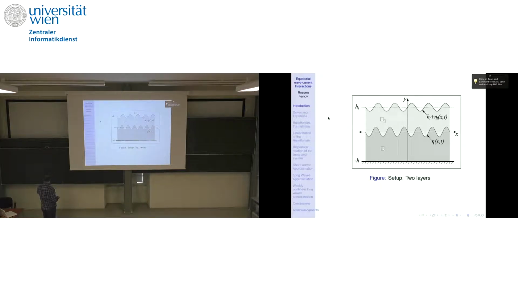So we have currents with constant vorticities and internal waves that are coupled with surface waves, and the notation is the surface wave plus eta 1 is the elevation of the surface wave, and this is just eta of the internal wave.